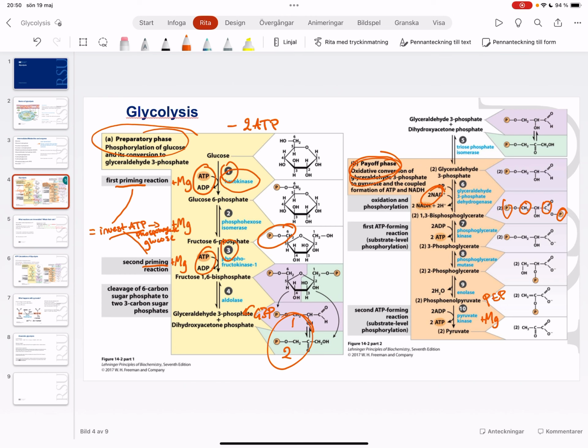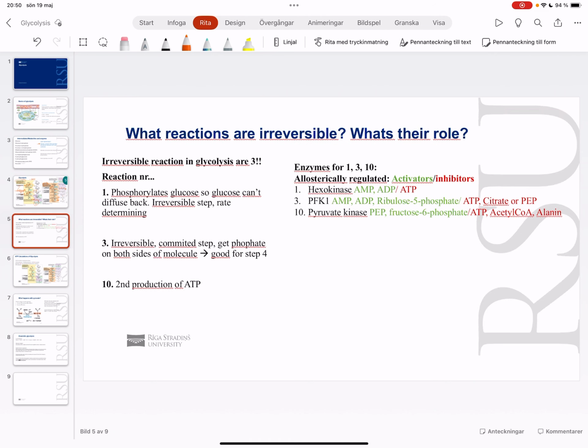Really, what's important here is, and I will talk about this really soon, steps number 1, 3, and 10 are irreversible. That's one thing. Secondly, about the ATP, we'll get to it. Anyway, what reactions are irreversible and what's their role? So as I said, irreversible reactions in glycolysis are 3, and it is reaction number 1, 3, and 10. In reaction number 1, we phosphorylate glucose, so glucose can't diffuse back into the blood vessel.